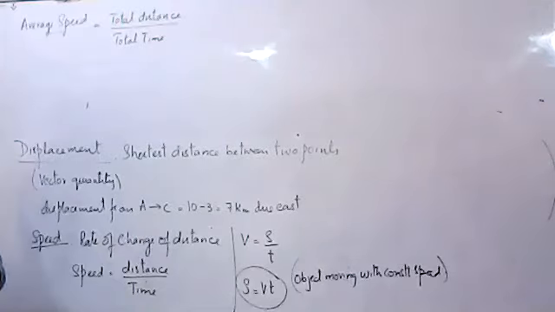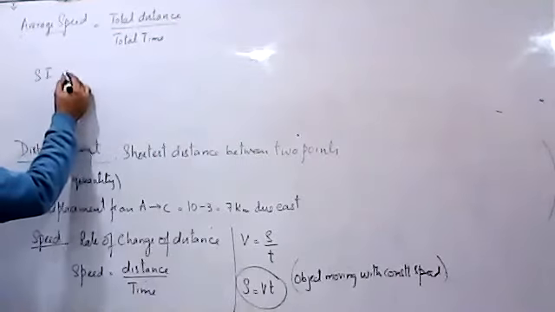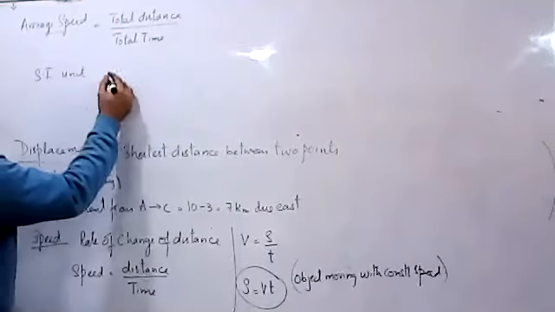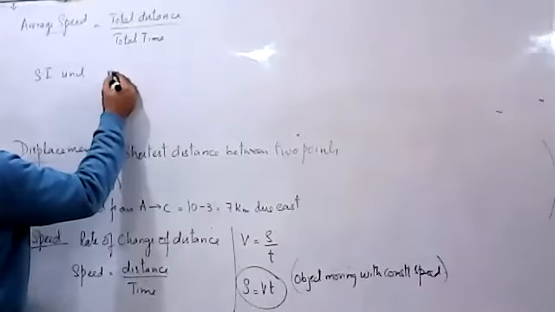The SI unit for speed, whether it is simple speed, constant speed, or average speed, is meter per second.